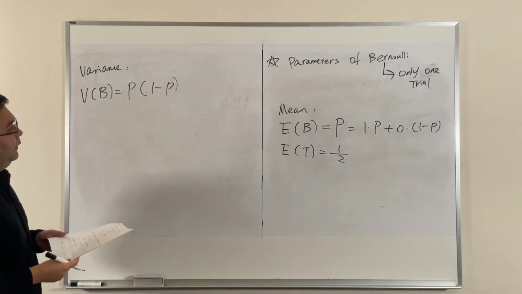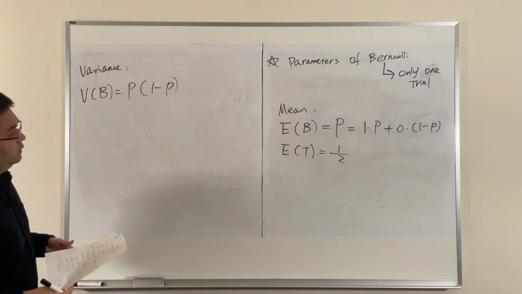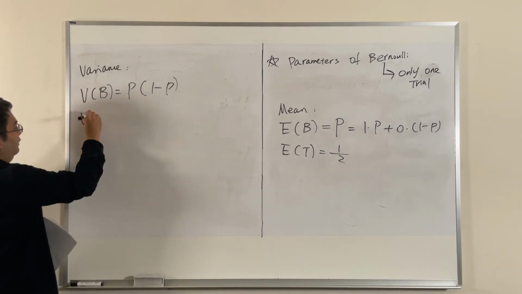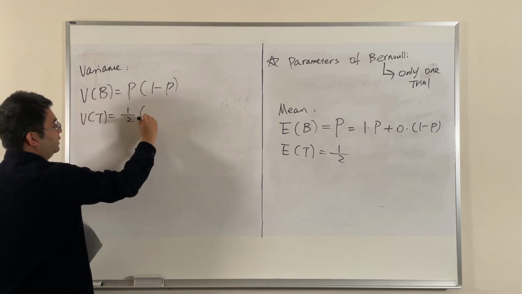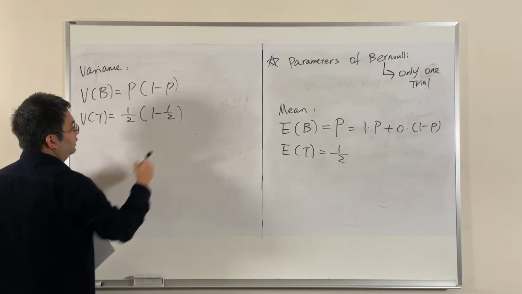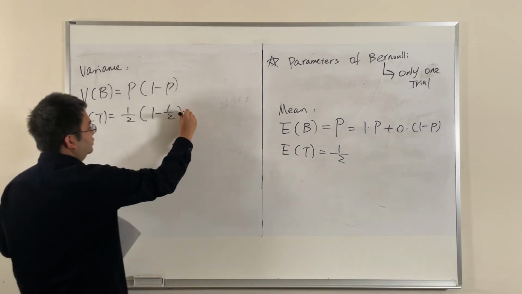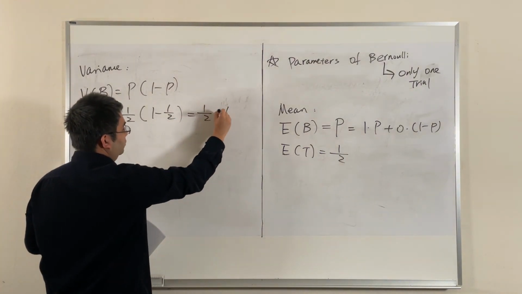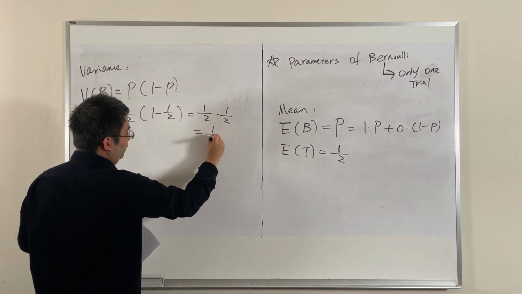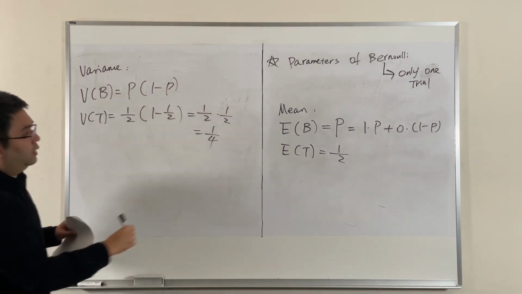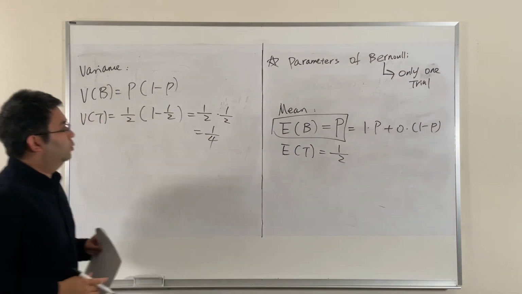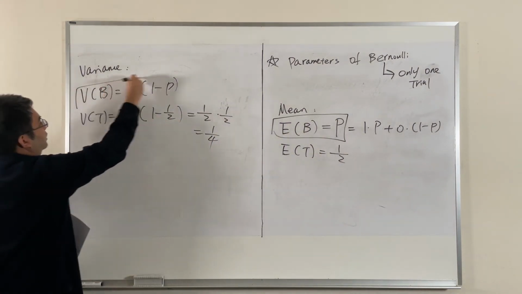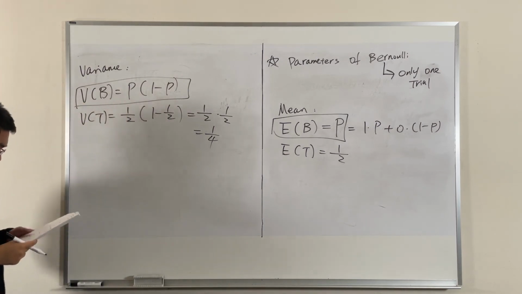In the case of the coin toss, the variance equals 1/2 times 1 minus 1/2, the probability of getting a failure, which equals 1/2 times 1/2 equals 1/4. Let me box in the formulas. This is the one you want for mean, and this is the one you want for variance.